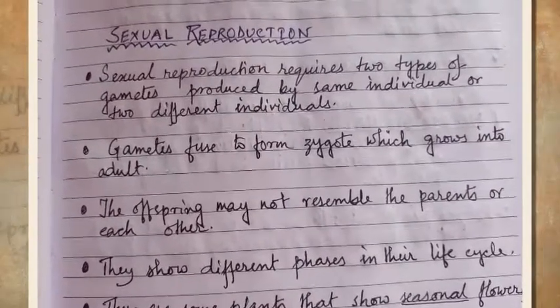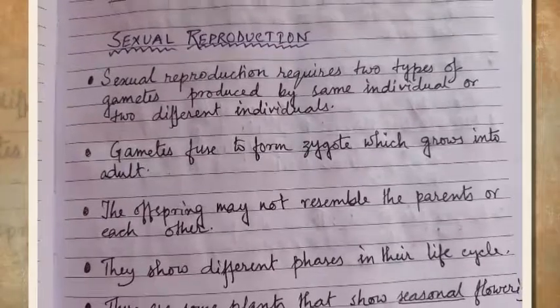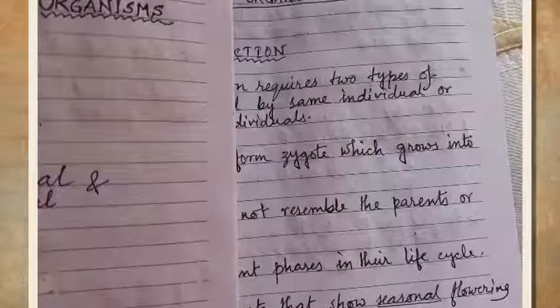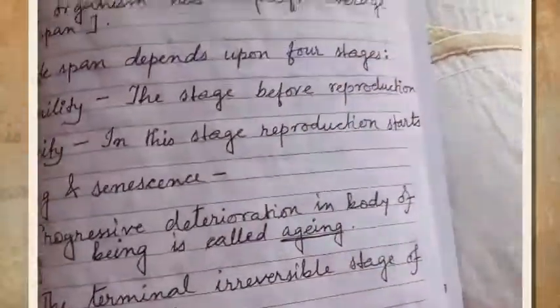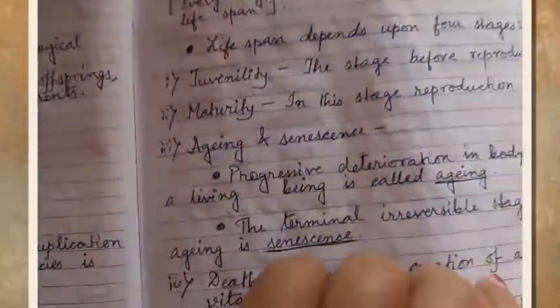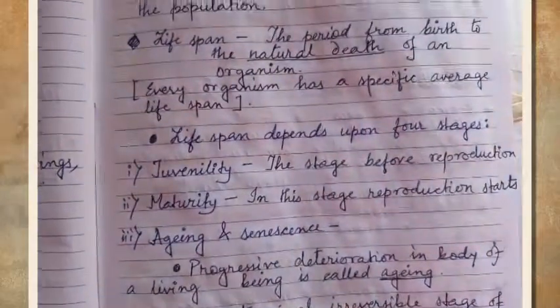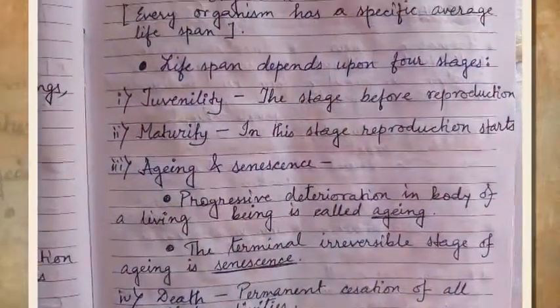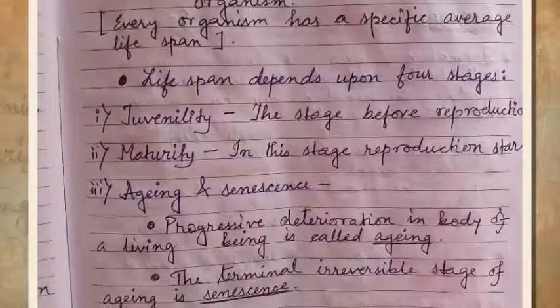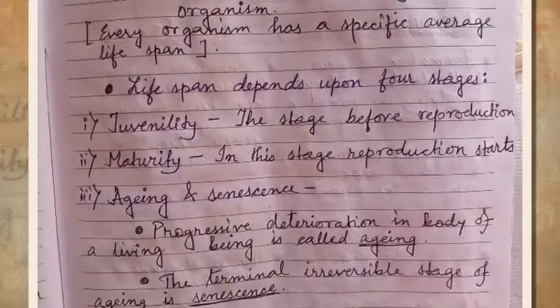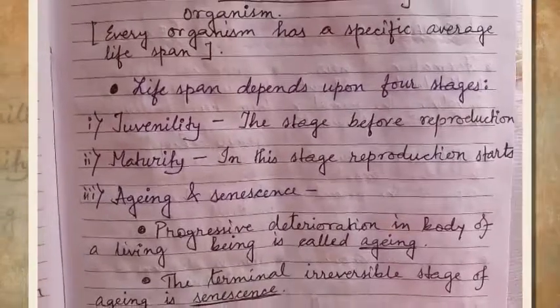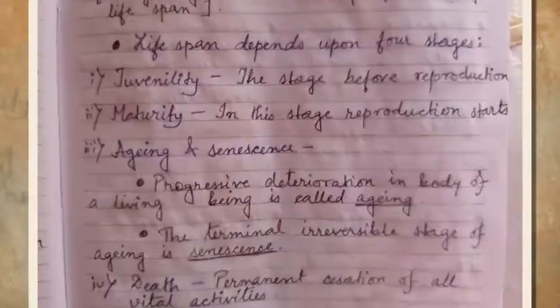Those phases we have discussed were the juvenile phase, the maturity phase, the aging or senescence phase, and the death phase. Juvenility is the stage before reproduction. Maturity is the stage of reproduction.